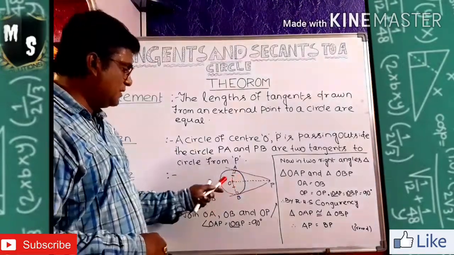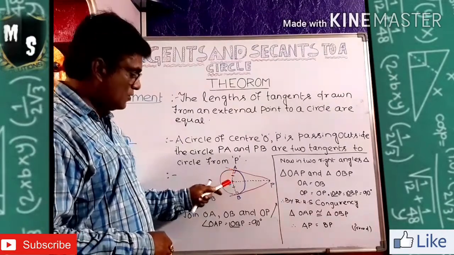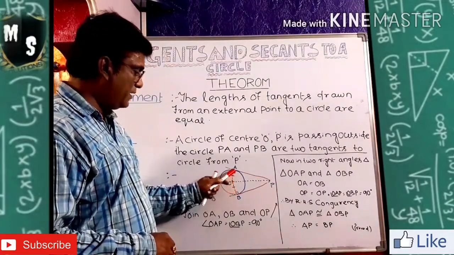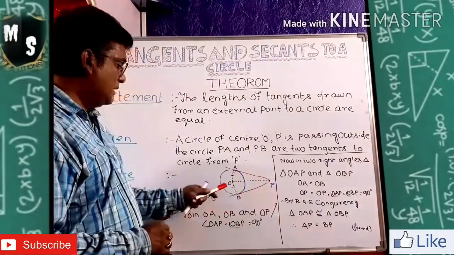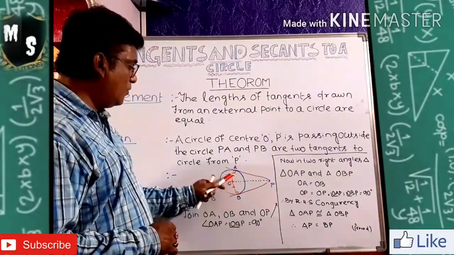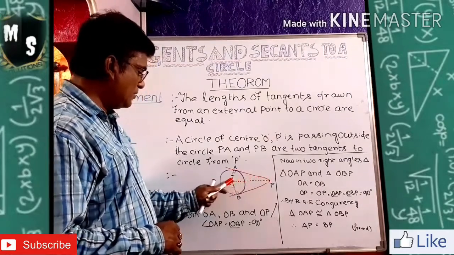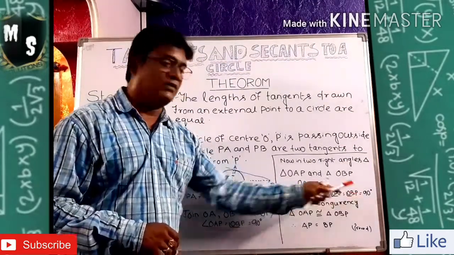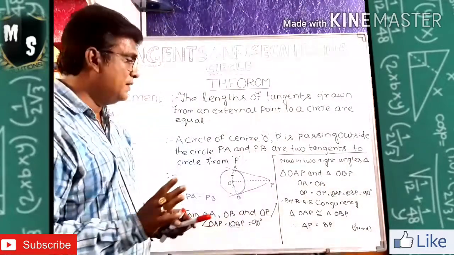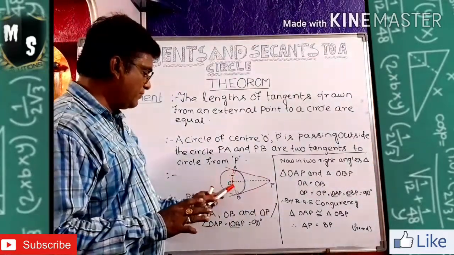So now, see now, OA is the radius, OB is the radius. So OA equal to OB. Finished. Next what to do? Next you have to show a right angle. Angle OAP is equal to angle OBP. I wrote it here: OAP equal to OBP equal to 90 degrees. One right angle came, then one side came: OA equal to OB.